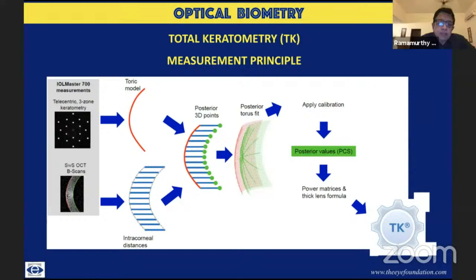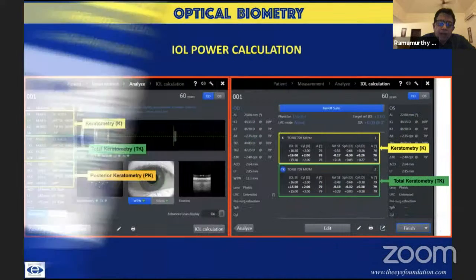Now with the IOL-Master 700, because of the OCT principles, you are able to measure the anterior corneal curvature very precisely, and then get an idea of the corneal thickness, because of which you are able to exactly arrive at the posterior corneal curvature, and you get a posterior toric fit, which is incorporated in the formula that is available for the intraocular lens power calculation.